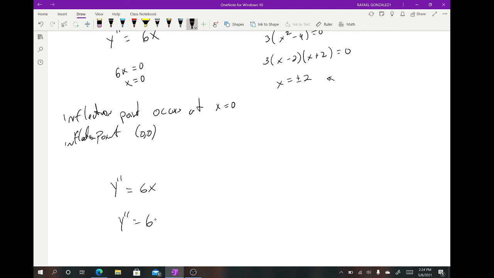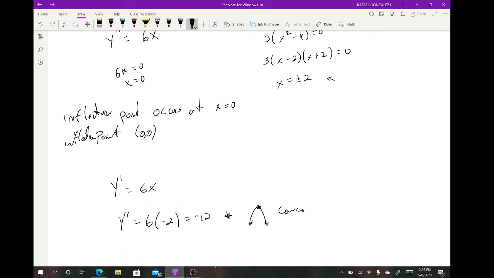If we plug in -2, we have 6 times -2 is -12. And remember, when the second derivative is negative, we have that this is concave up. Well, no, my apologies, concave down, which means we have a maximum.